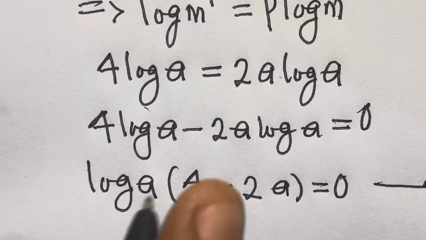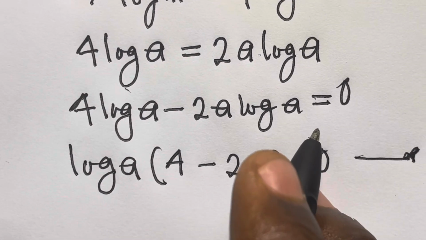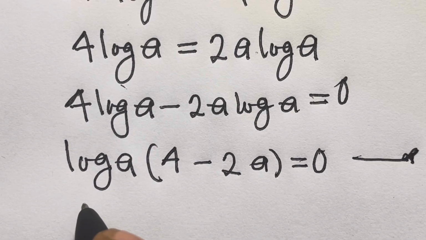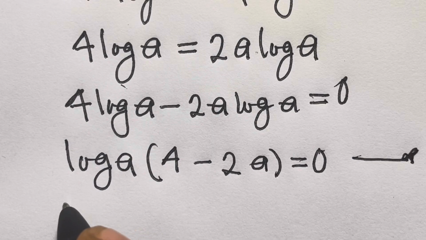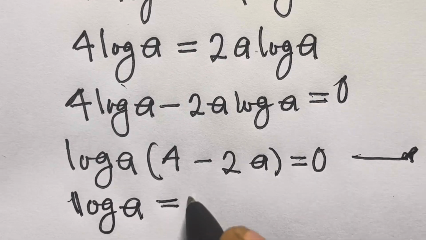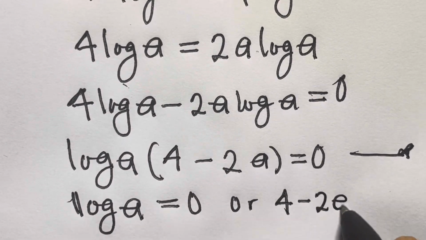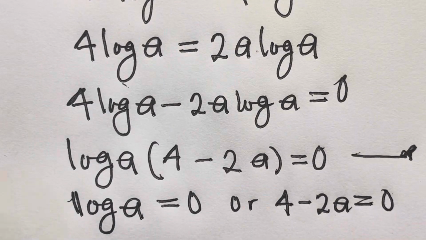From here, you observe that log a equals 0 or 4 minus 2a equals 0.